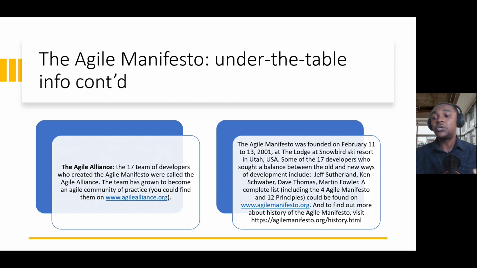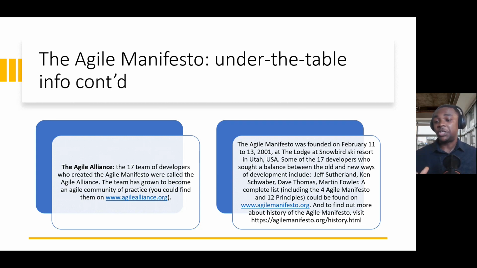It was between that 2 or 3 days event where this 17 group of software developers who were dissatisfied, like I mentioned, came up with these 4 values and 12 principles that has really carried over all of the Agile frameworks, because we have a lot of frameworks under Agile, which we're going to talk about later on in this channel. But for today, just keep in mind that the philosophy behind what we do in Scrum was as a result of the convention held on the 11th to 13th of February 2001.